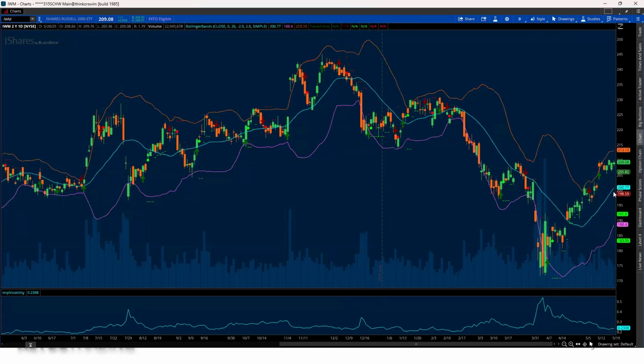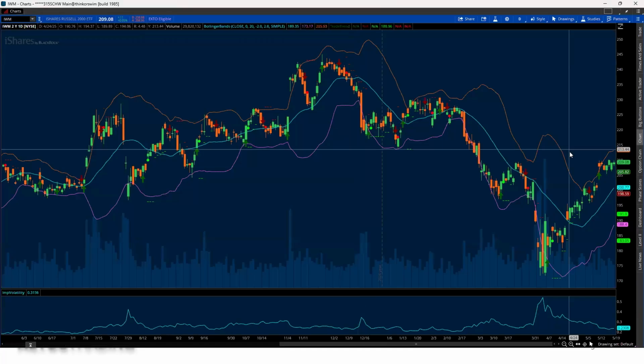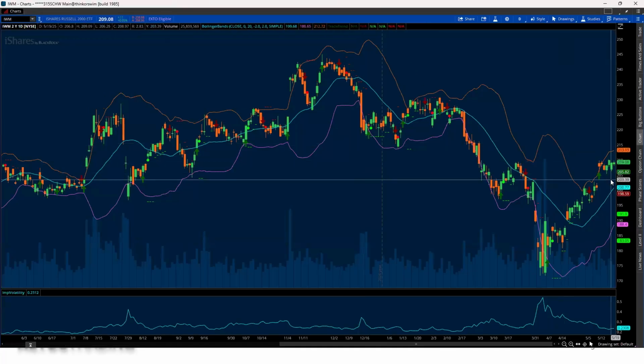We're well off the 20 period mean, so a mean reversion is more likely. So just by extending the time horizon, we have a pretty high probability of trading back down to 205 or below.